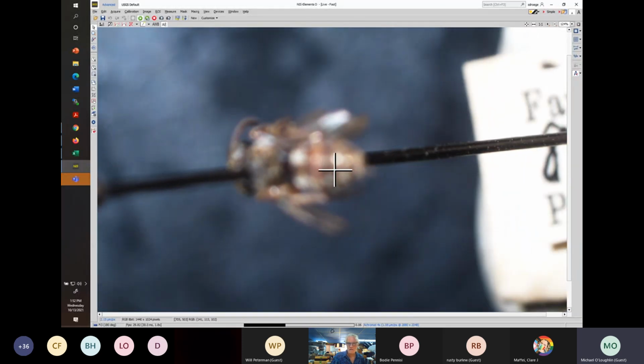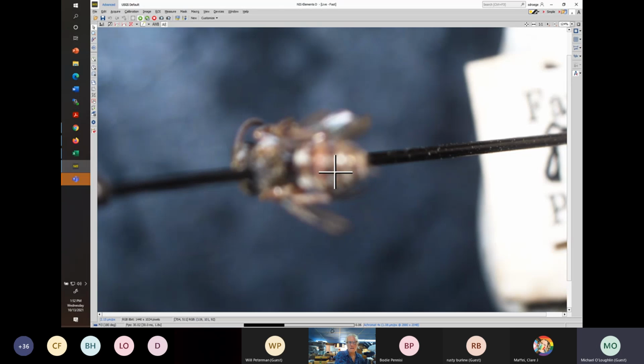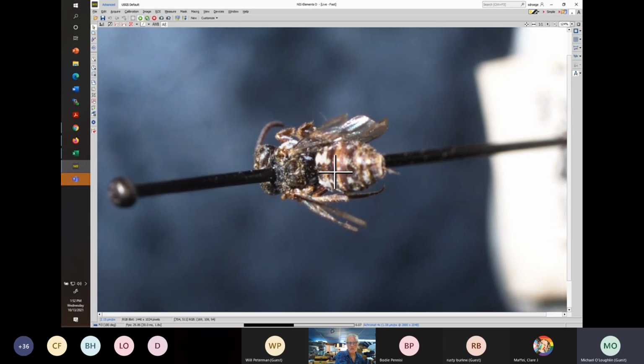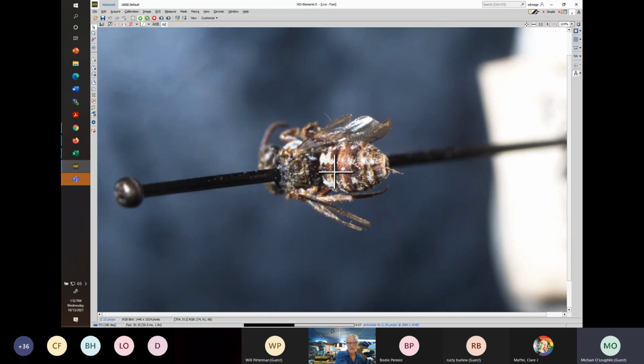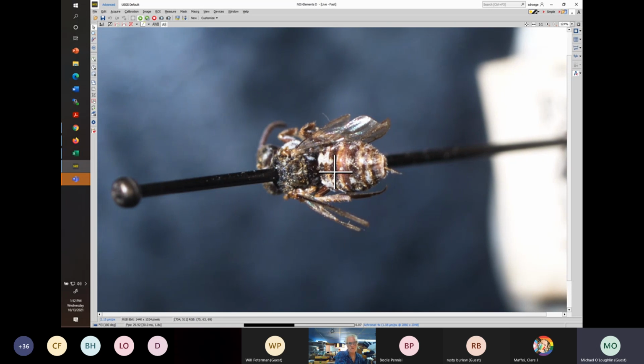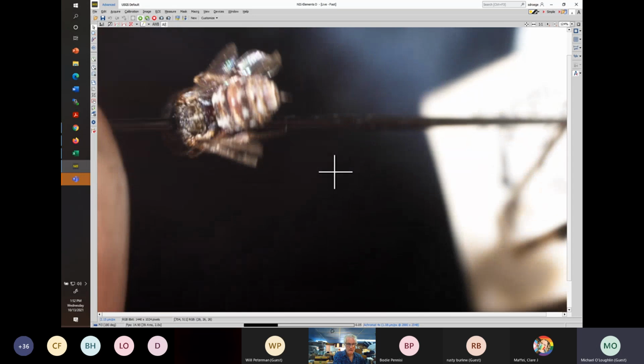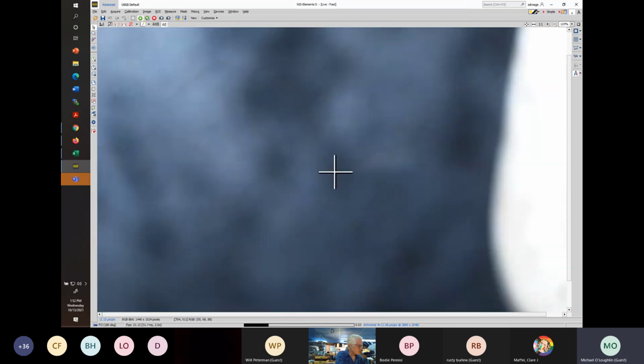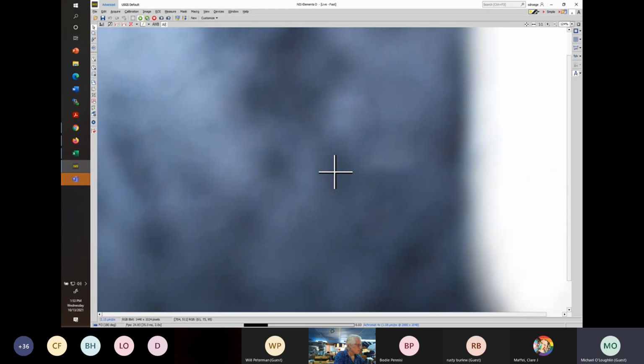Species-wise, you can see from the relationship to the pin, it's very small, and you have the red abdomen, and you're going to have the 2 submarginal cells, which you've seen plenty of, so we're not going to look again. And those often have to be caught by slapping on the ground.